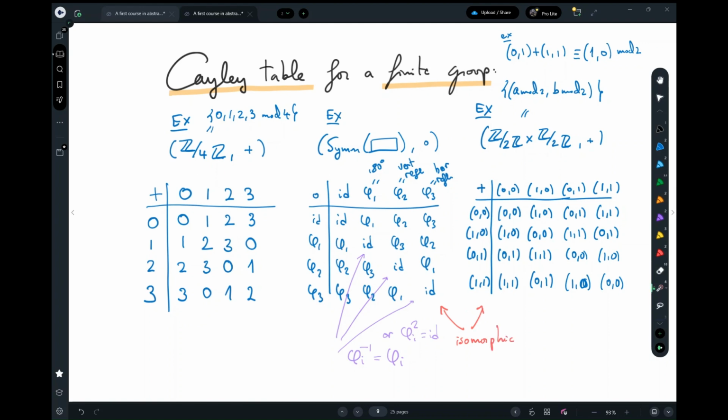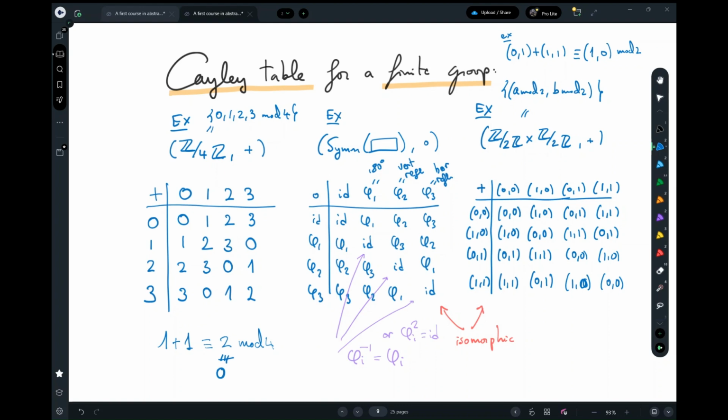However, we see that this one is different. There is no zeros along the diagonal, but in fact, there will never be. Maybe I just can reorder these numbers so there are zeros in the diagonal, but it turns out it will never be the case. Why? Well, because, for example, I have that 1 plus 1 is 2 modulo 4, which is not 0.